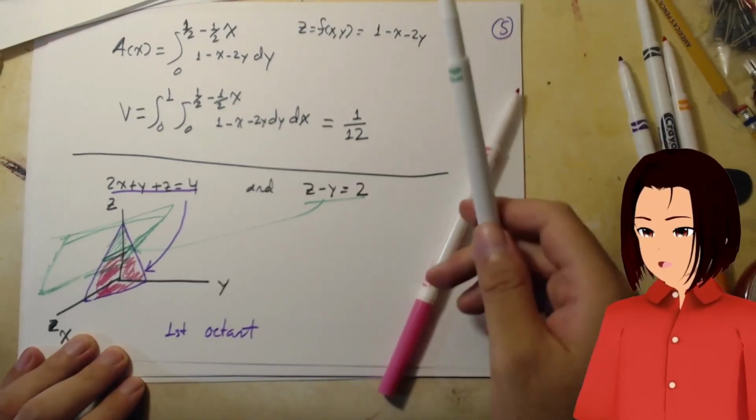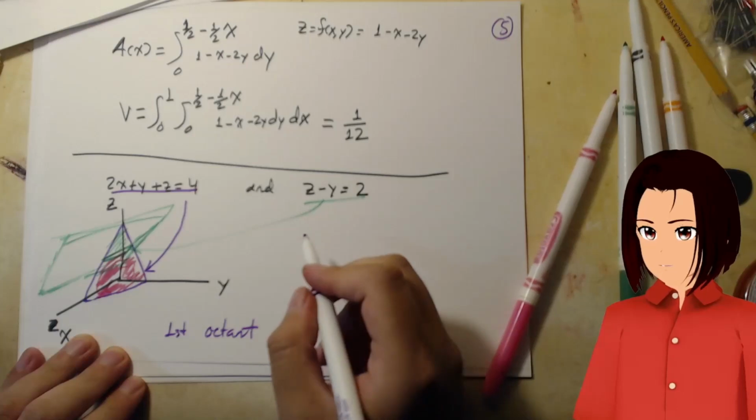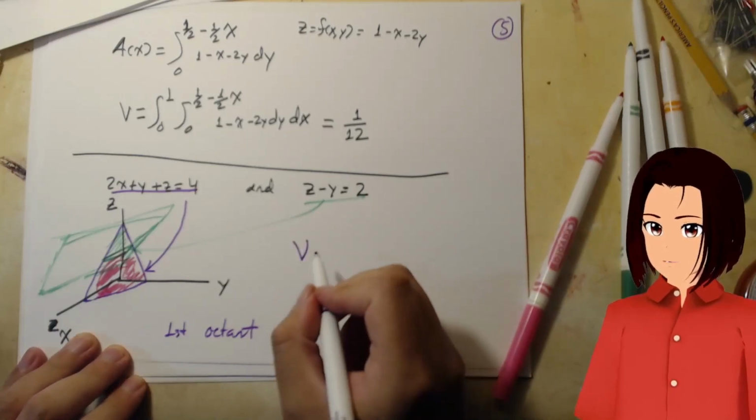So the way we do this is we have our first volume from the tetrahedron.